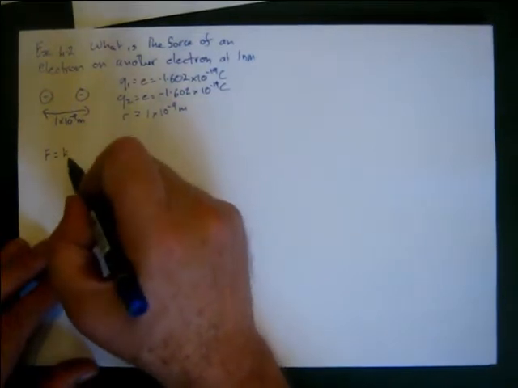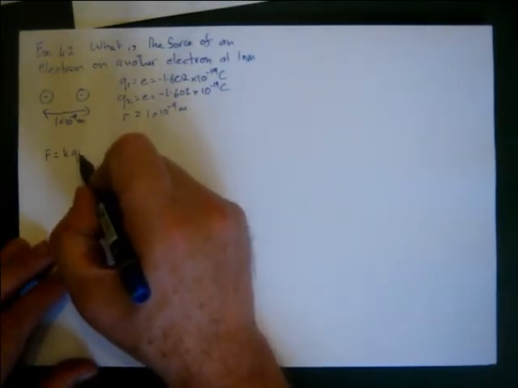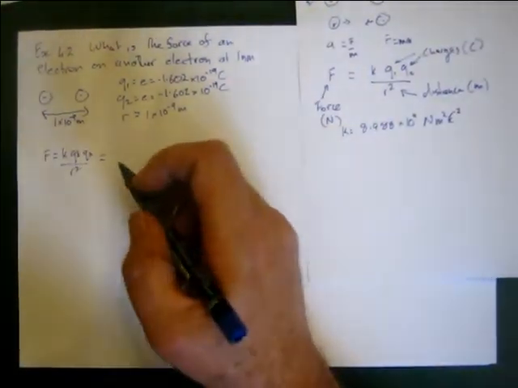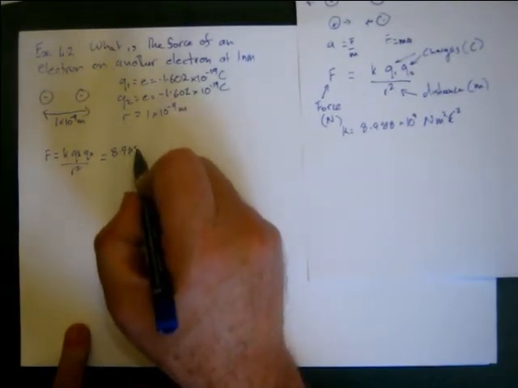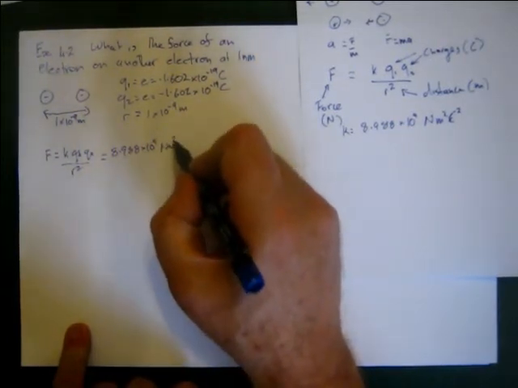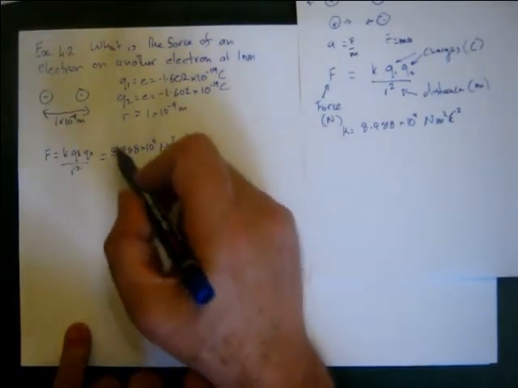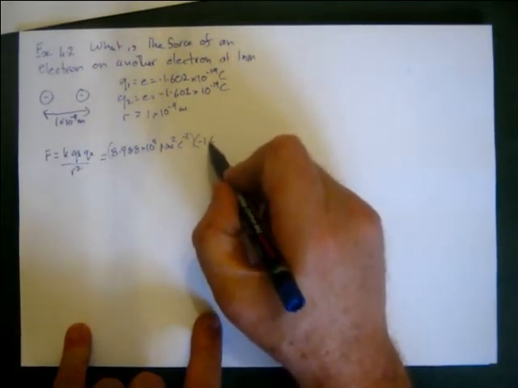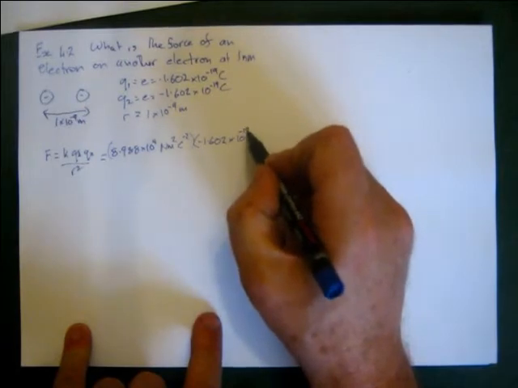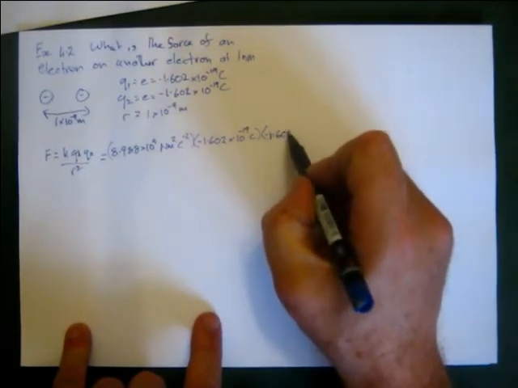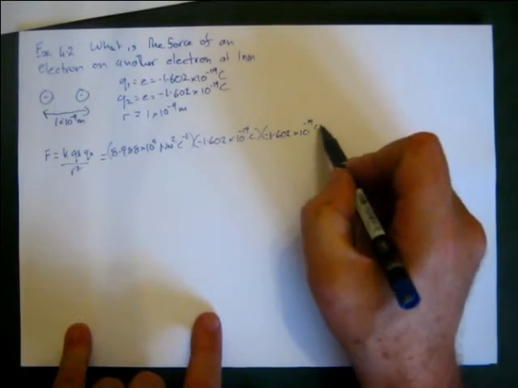Force is equal to K Q1 Q2 over r squared, which is equal to, well, we know from earlier that K is equal to 8.988 times 10 to the positive 9 newton meters squared per coulomb squared, times Q1, which is negative 1.602 times 10 to the negative 19 coulombs, times Q2, which is negative 1.602 times 10 to the negative 19 coulombs.